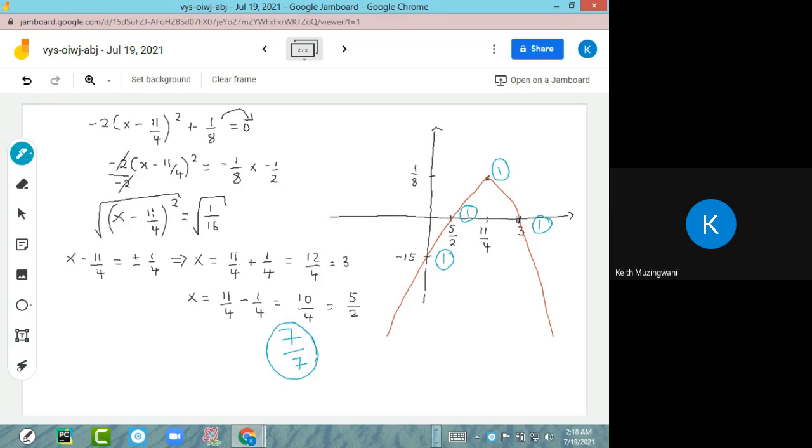And in fact, when you mess up with one intercept, then you have messed up with the whole sketch. Because you can't tell me that the sketch that passes through this, even if this was 3, this is 0, and this one is 11 over 4, comma 1 over 8, don't tell me that these sketches are the same.